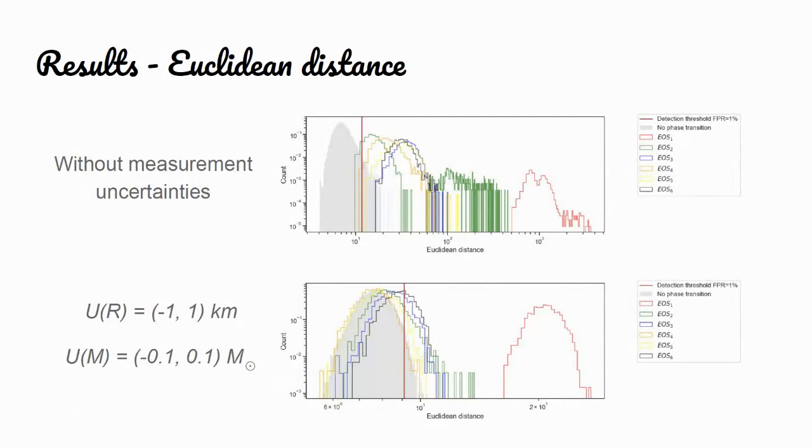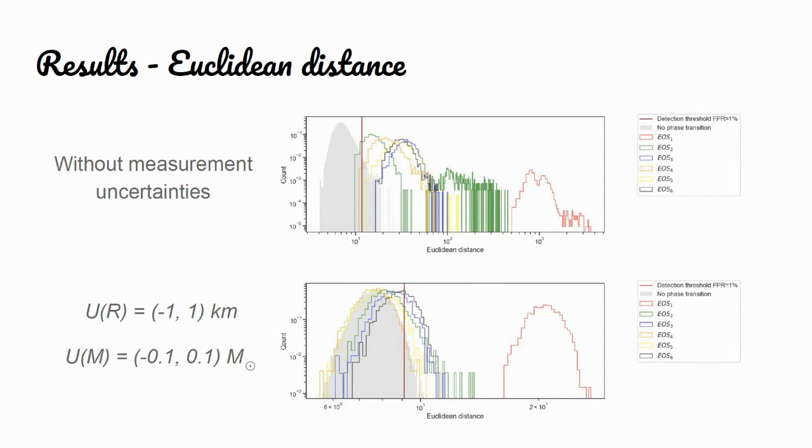So that would be a safe guess if that were reality. Having observations resembling this equation of state, you could easily see it as an anomalous event. And interestingly, even with some uncertainties, this equation of state was still quite easily differentiated from all the other samples.